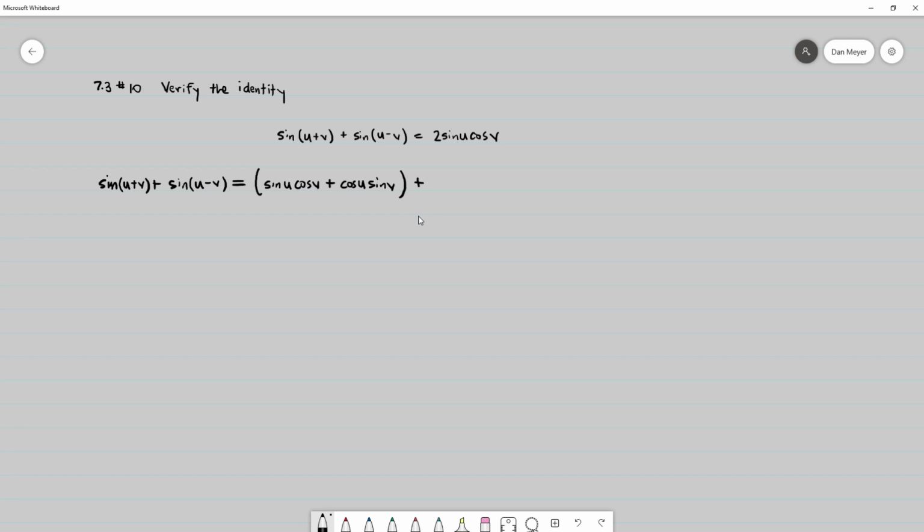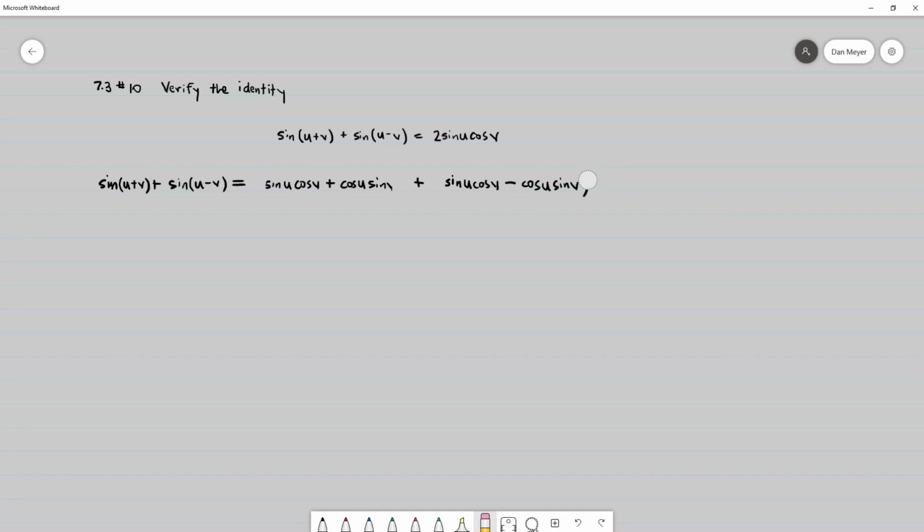That's my angle addition formula for sine. The angle subtraction formula for sine is very similar, except it is sine u cosine v minus cosine u sine v.